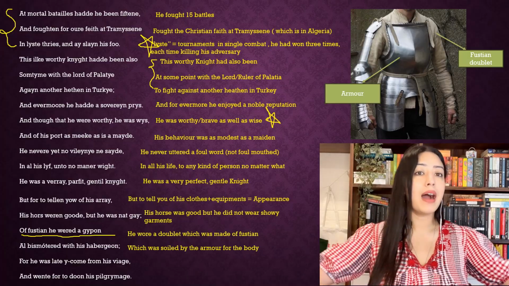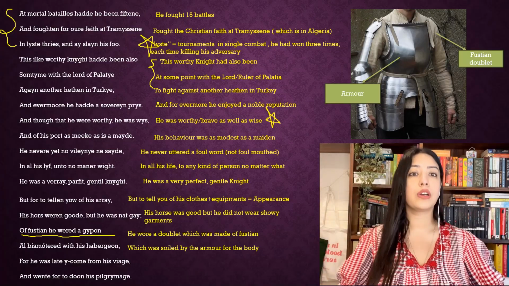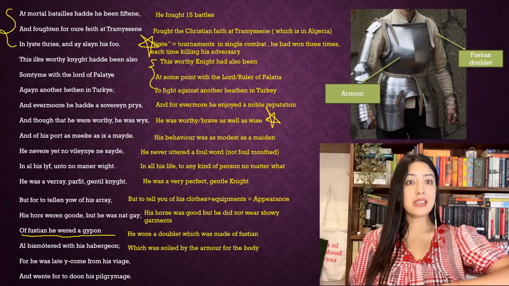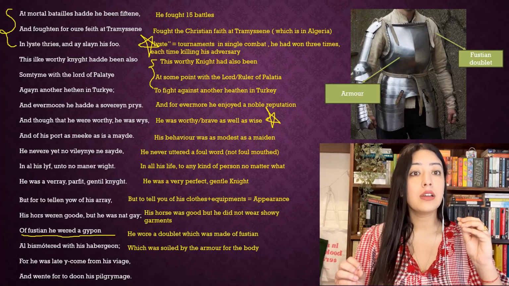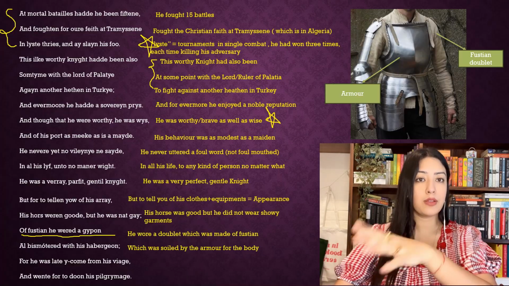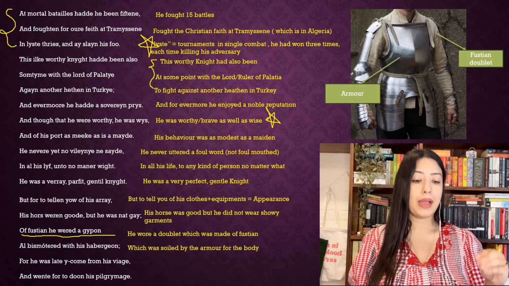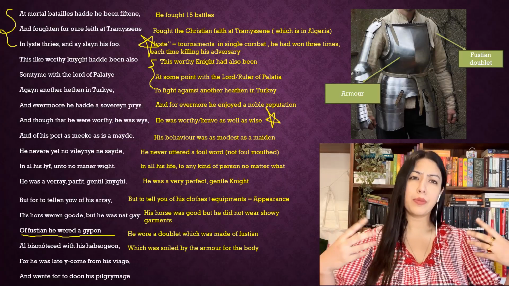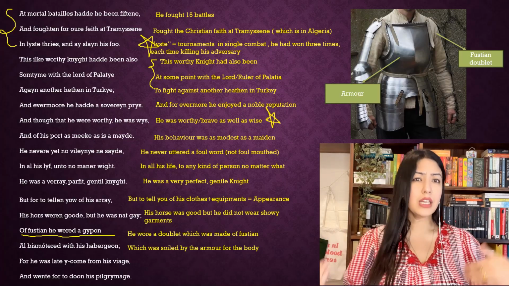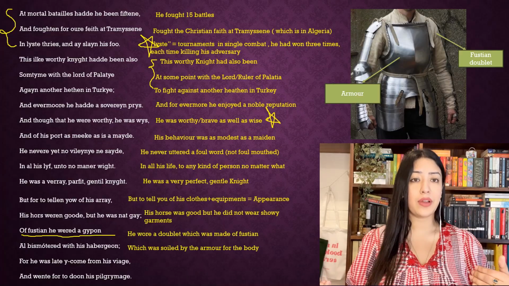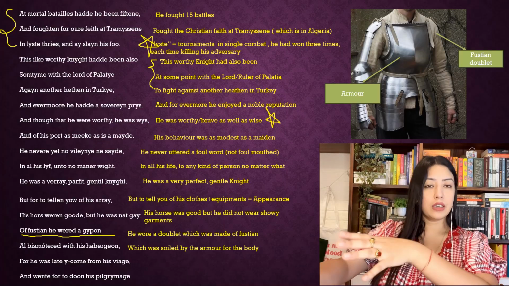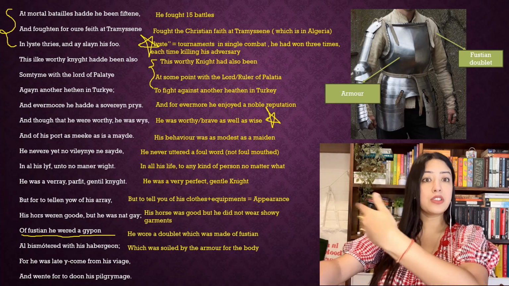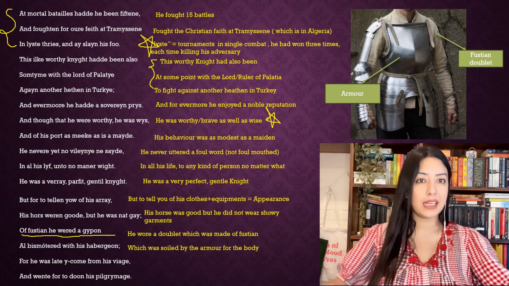So you have mud and soil that gets onto the garments, and now that he's coming to the pilgrimage, there are traces of soil. His fustian was soiled by the armor of his body. So his armor probably got mud and soil on it when he was fighting, and of course it passed on to the fustian also, because you're wearing that and you're fighting.